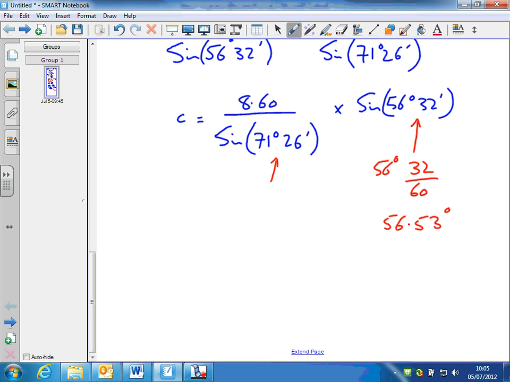Similarly, this turns out to be 71.43 degrees, rounded to 4 significant figures in each case. So this is what I'd enter into the calculator.